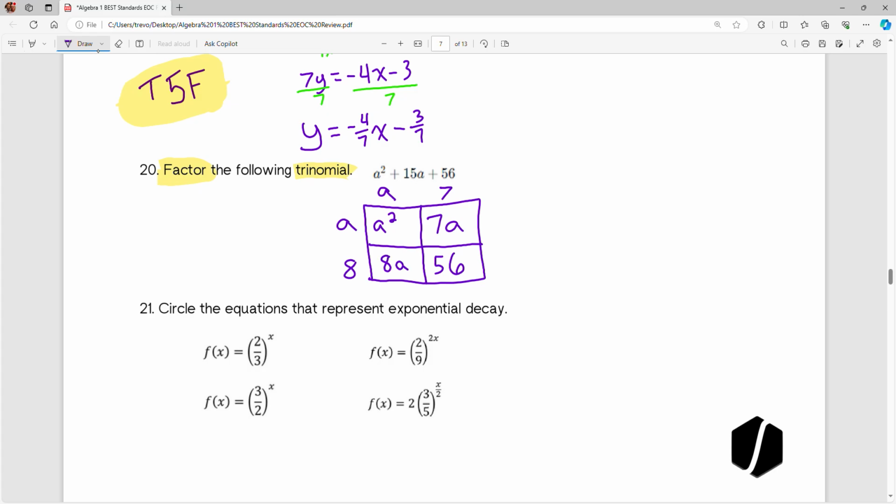And when you multiply a plus 7 times a plus 8, it does give you a squared plus 15a plus 56. So my answer is a plus 7 times a plus 8. And we're finished with that question.